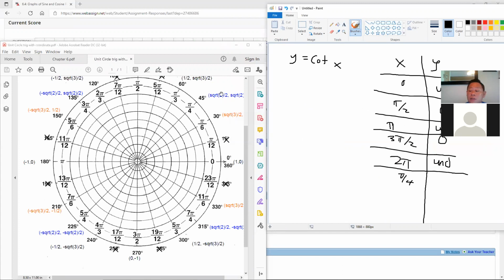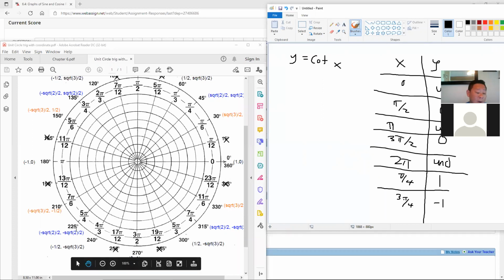So when you divide these two, you will get 1. And then when you do the 3 pi over 4, because one of them is negative, this will become a negative 1. And then when you do 5 pi over 4, you divide, this is positive 1, 2 negatives divided together. And then the last one is 7 pi over 4, because 1 is negative, you will get a negative 1.